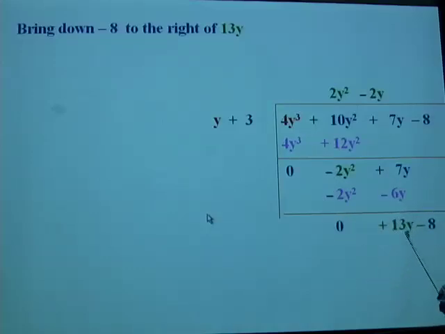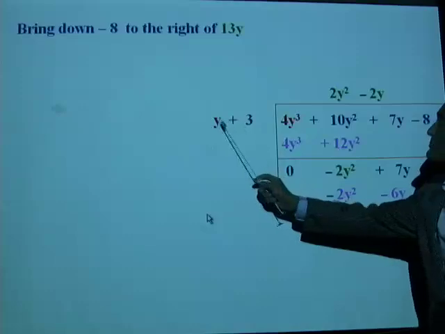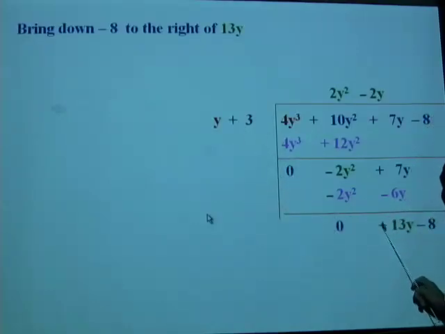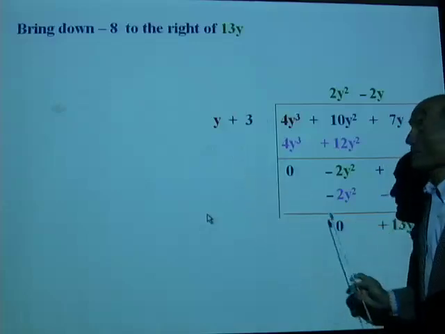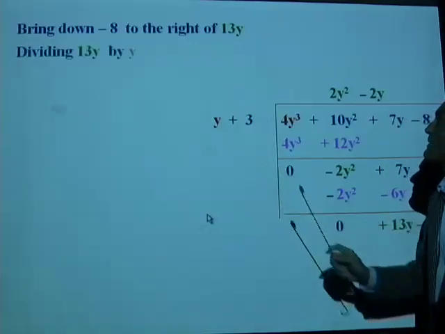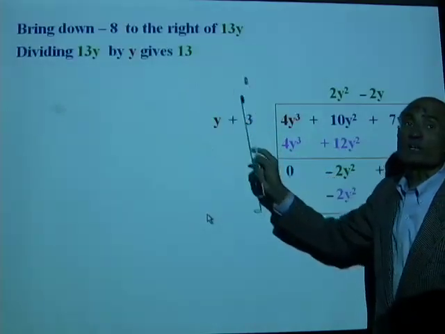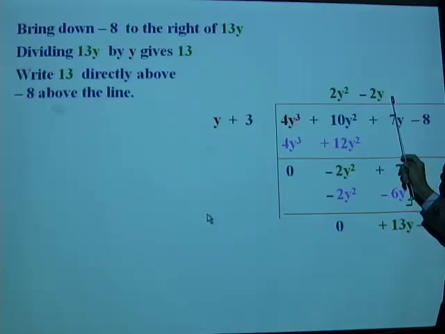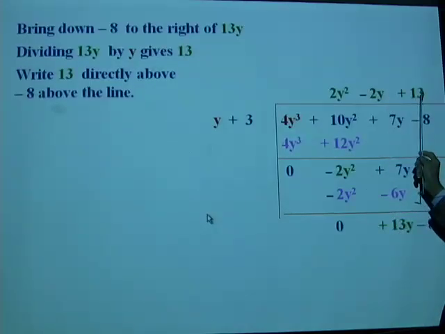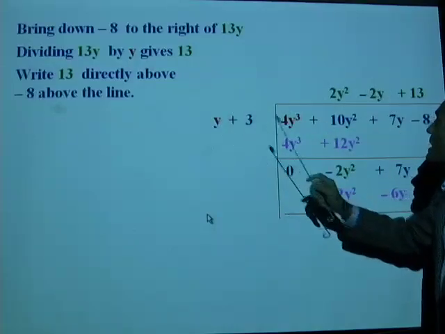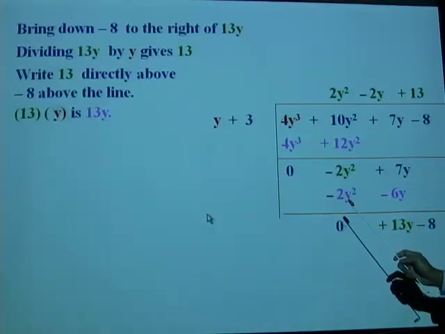Now, 13y divided by y. Always the first term divided by the first term of the factor. 13y divided by y is 13, and write it to the right of negative 2y. And multiply now. 13 times y is 13y.